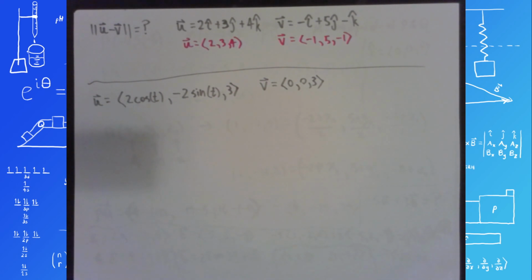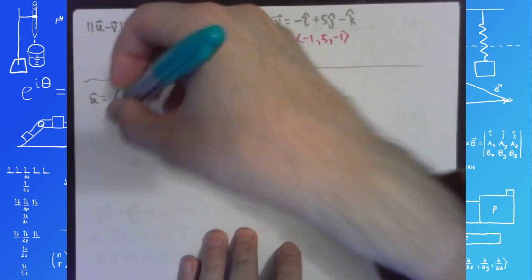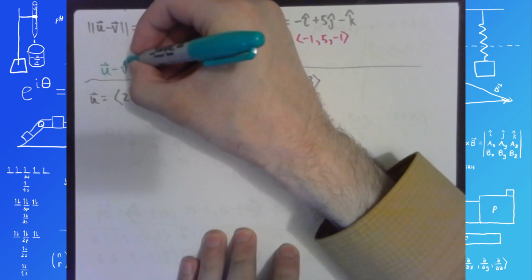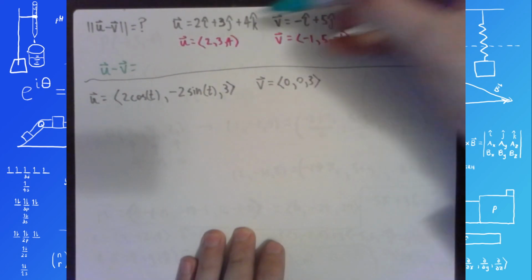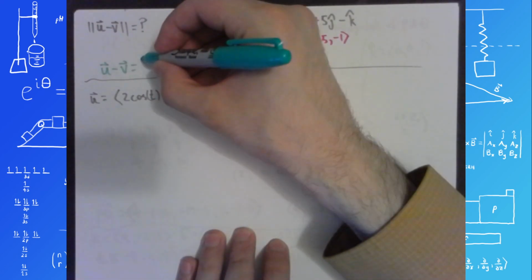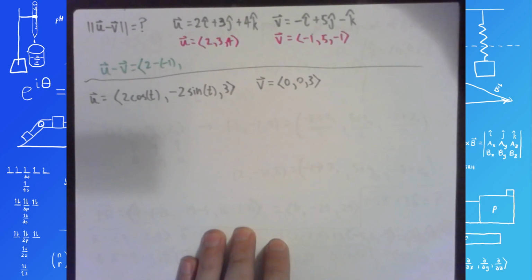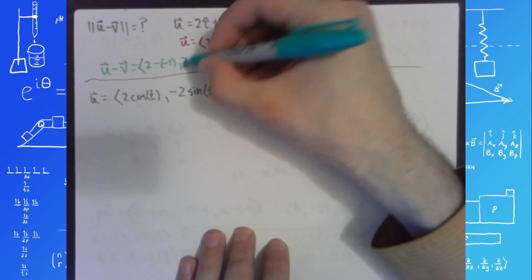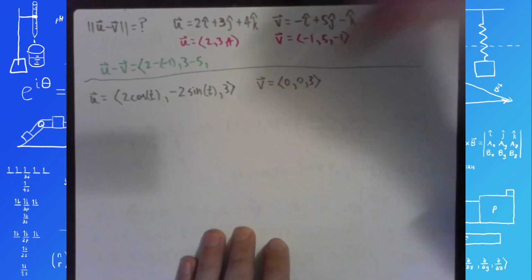Okay, and then u minus v. Let's switch colors again. U minus v is going to be 2 minus negative 1, comma 3 minus 5, comma 4 minus negative 1.